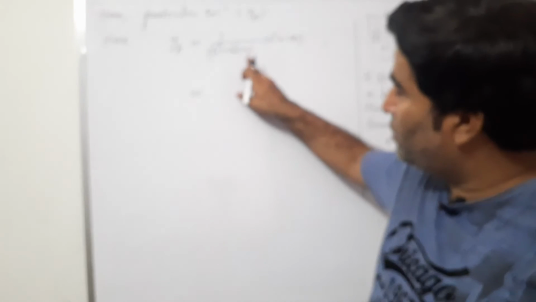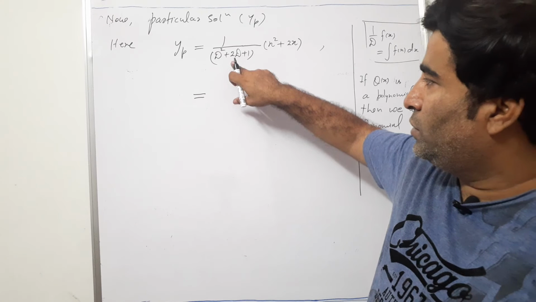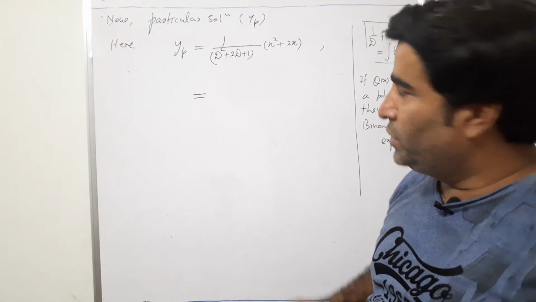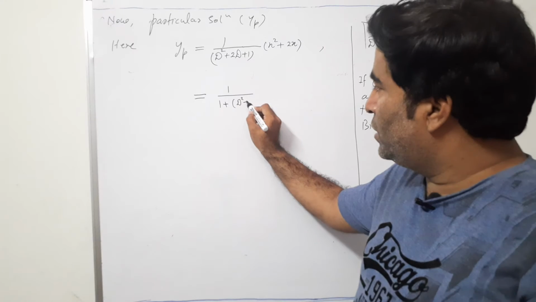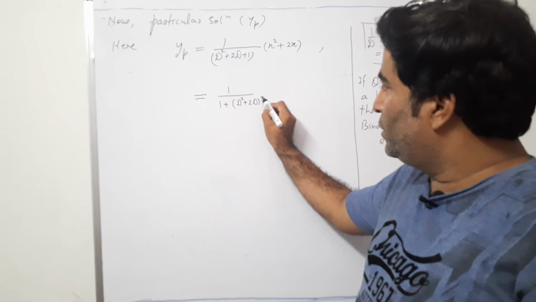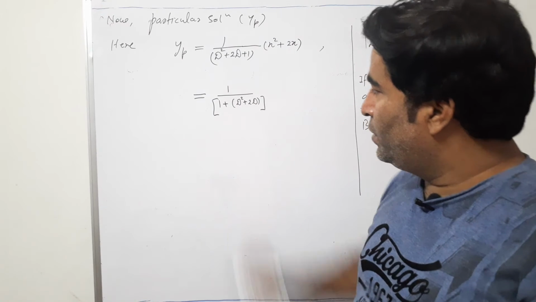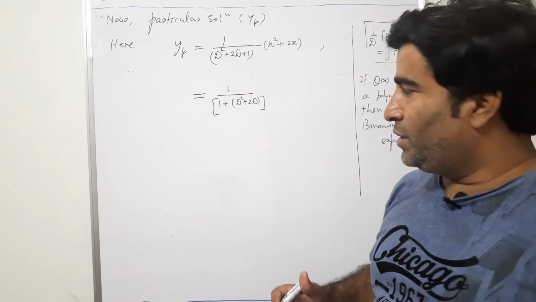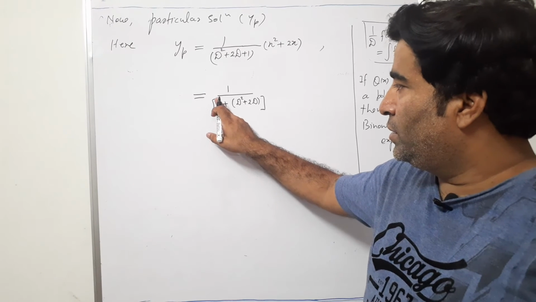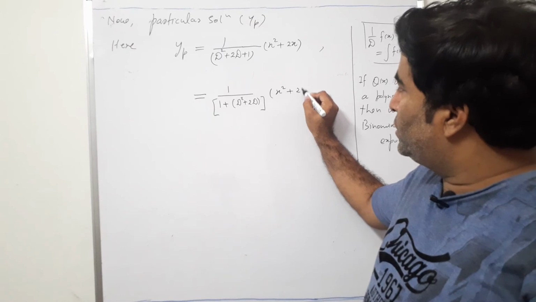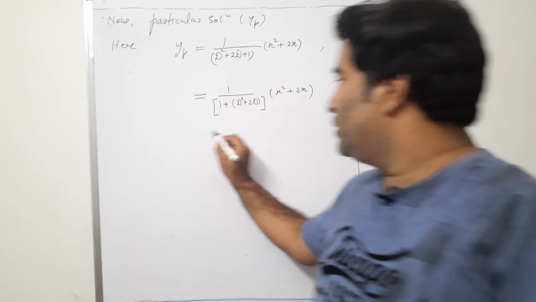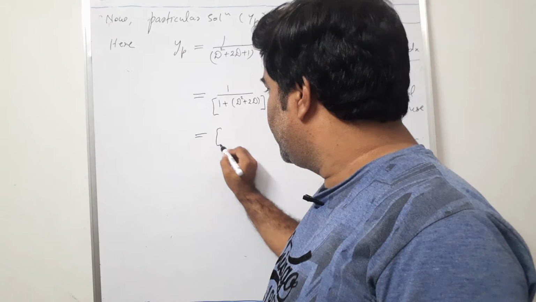So we write 1 plus D square plus 2D, because we use the binomial 1 plus x or 1 minus x to the power n or minus n, acting on x square plus 2x.